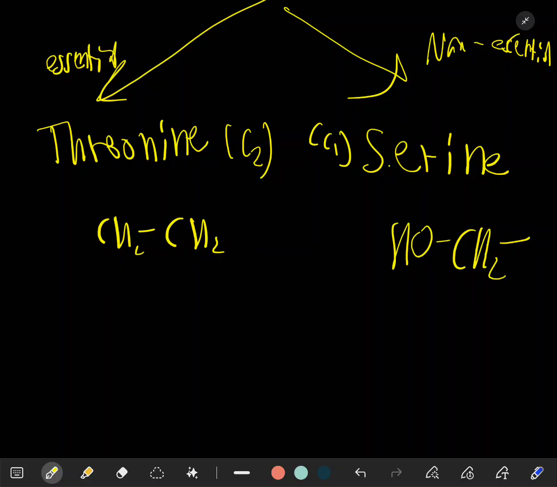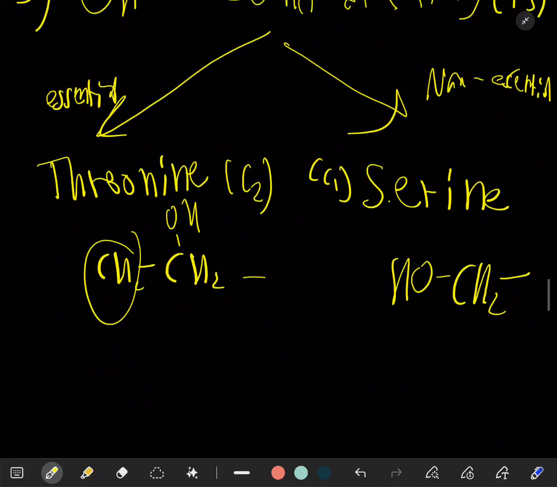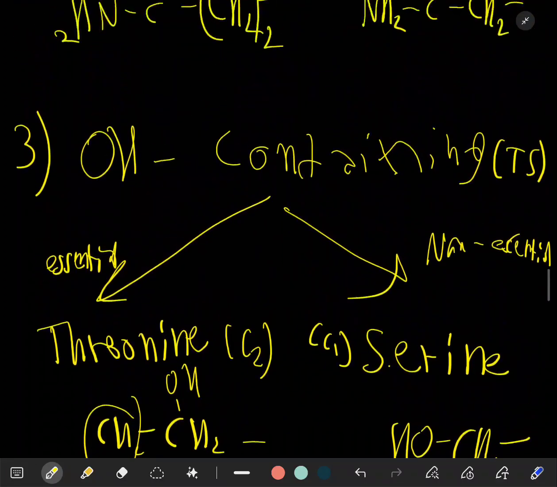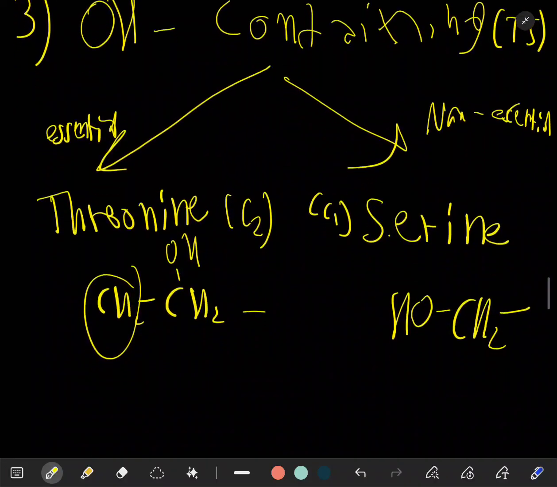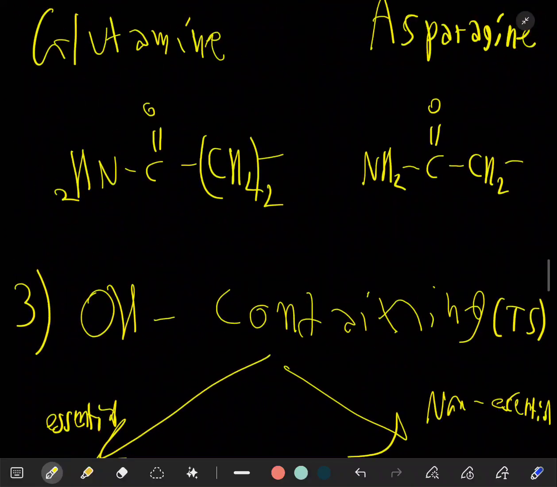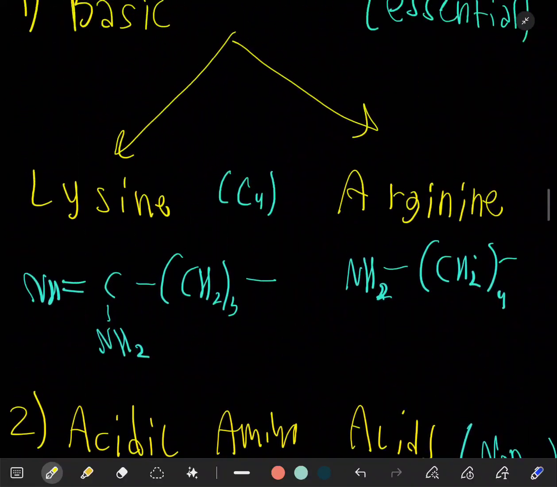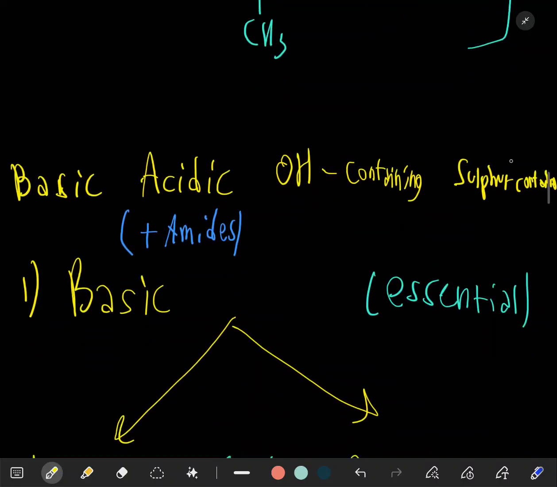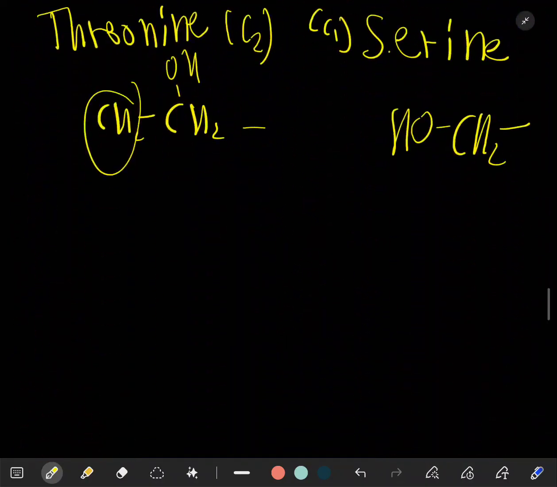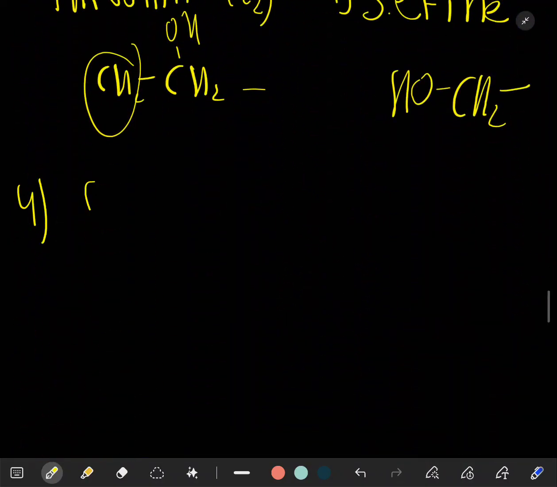Basically this is serine, but we attach a CH2 group after it. So here we get threonine and serine, the OH containing. Now in the same way, we go to the fourth section, which gives us the sulfur containing.